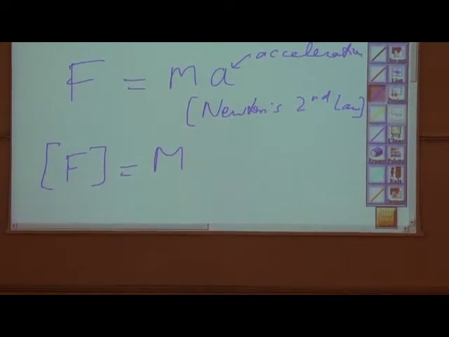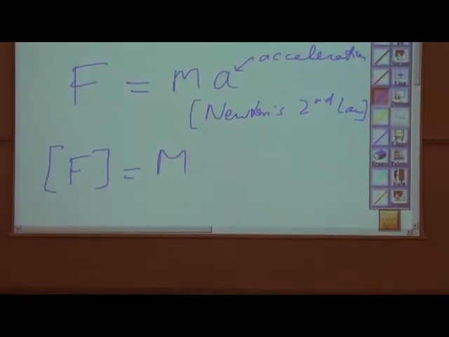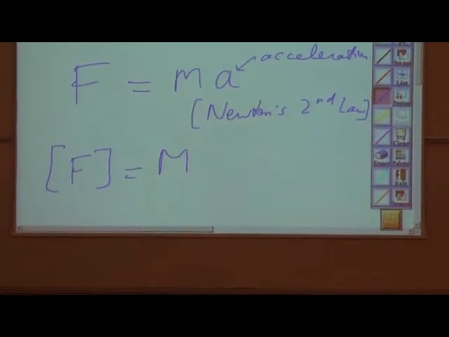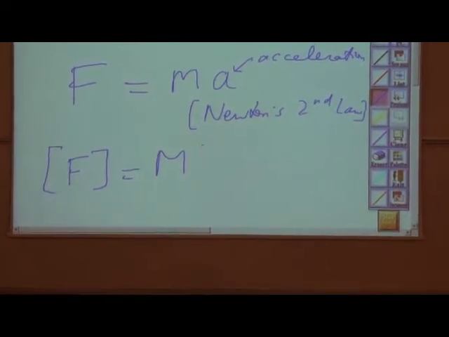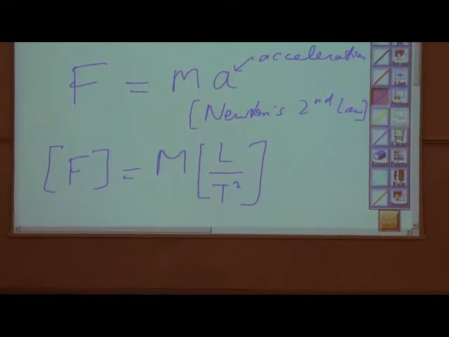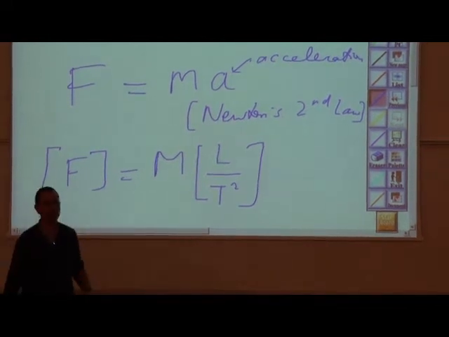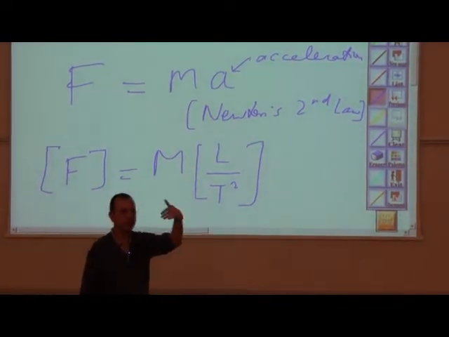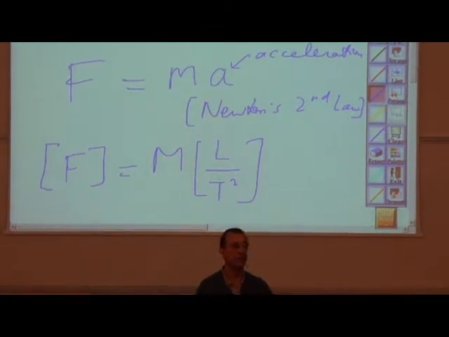Now what is the dimension of acceleration? We just figured it out. L over T squared. Okay, and our fundamental dimensions are M, L, T, so this is the dimension of force. It has 1 M, 1 L divided by 2 powers of T.